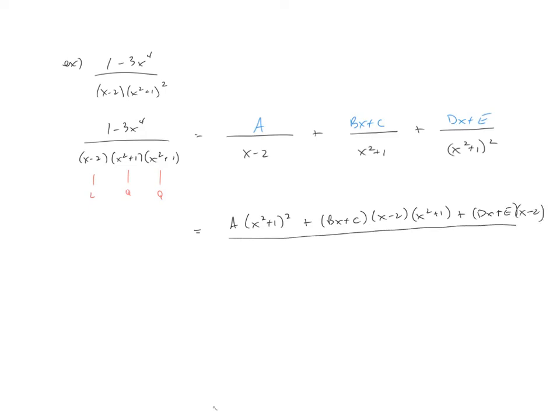And this would all be over our LCD of x minus 2, x squared plus 1 squared, at which point then we could take this numerator and this numerator, set these two things equal to one another, then allowing us to find a, b, and c, d, and e by solving a system. And that's what we'll do once we get into the applications here in just a little bit.